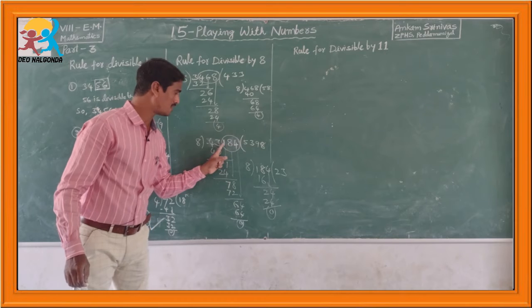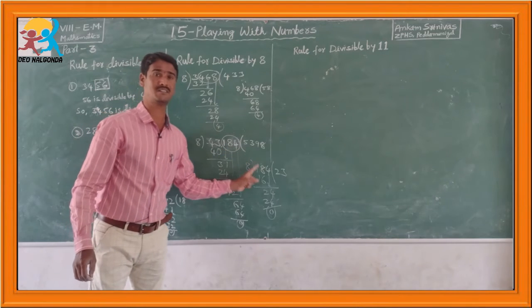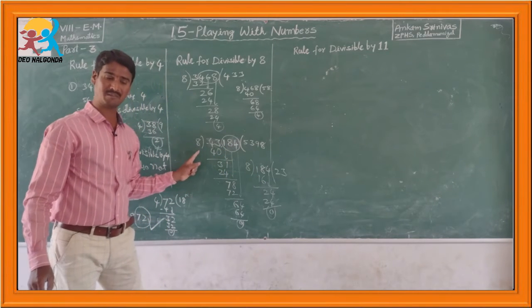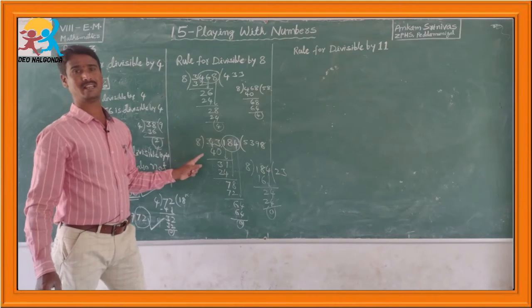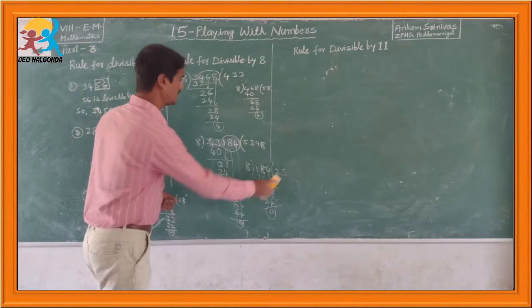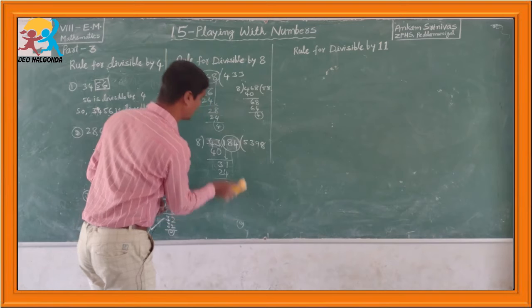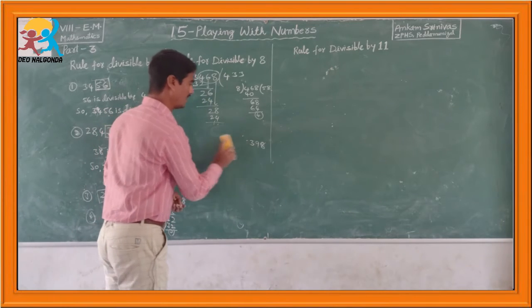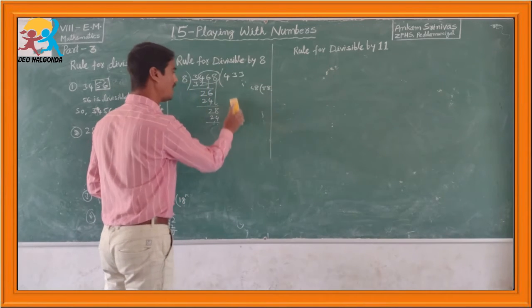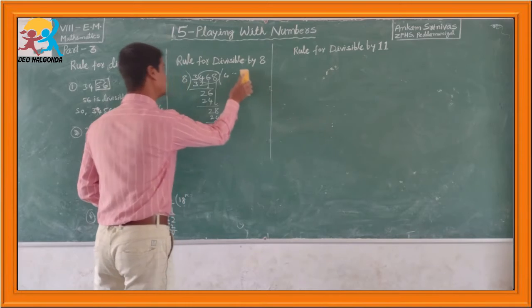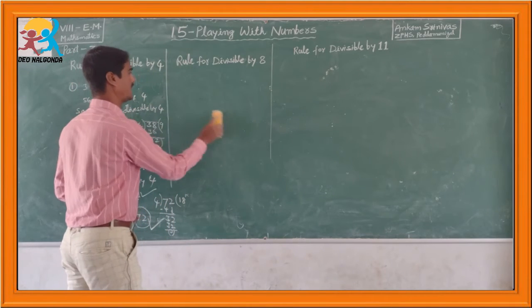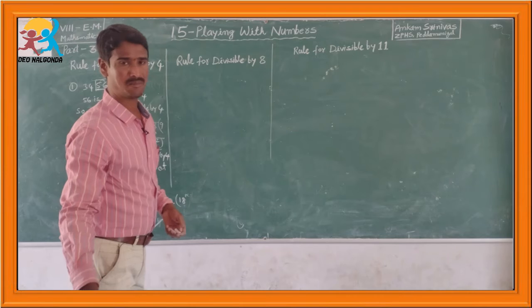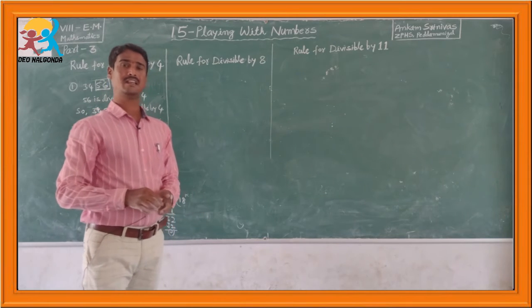That means if the last 3 digit number is divisible by 8, then the given number is also divisible by 8. So using this condition, what is the rule? A number formed by the last 3 digits is divisible by 8, then the given number is also divisible by 8.